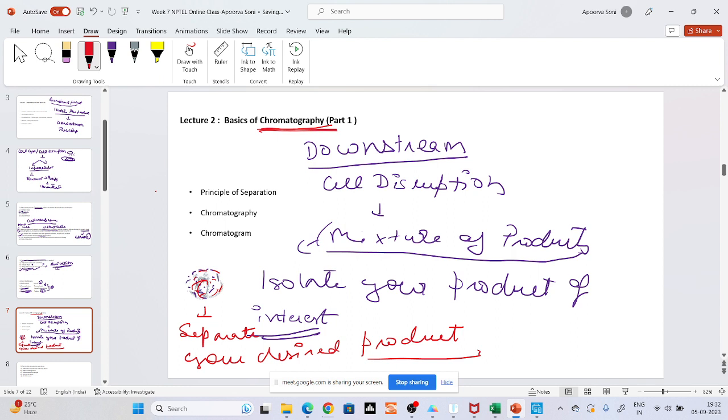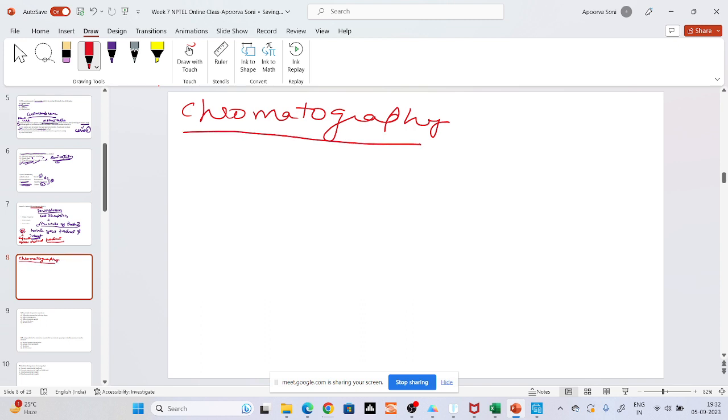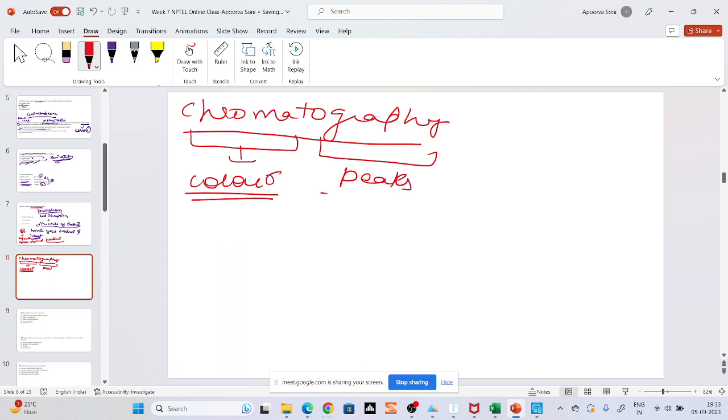Okay, now what does chromatography mean? Chroma means color and graph means kind of peaks.